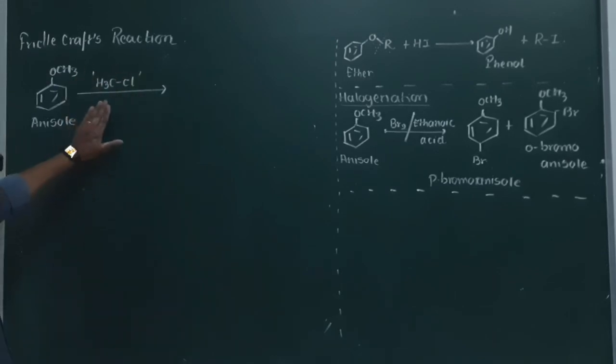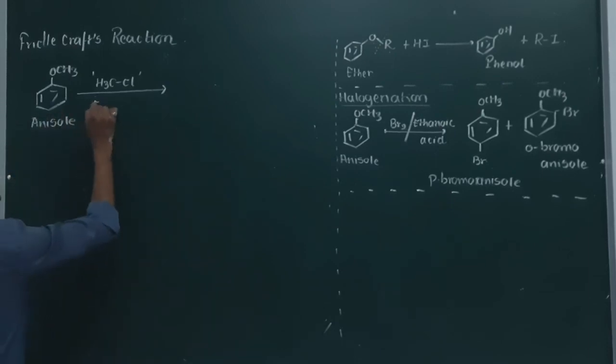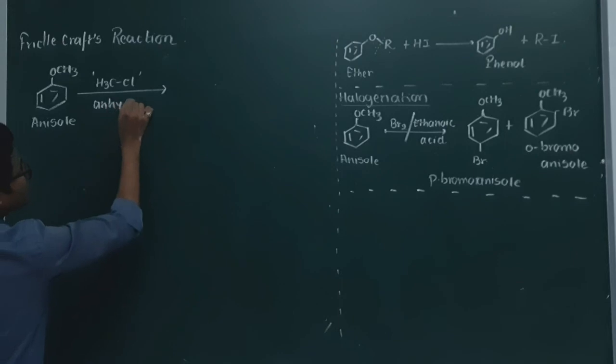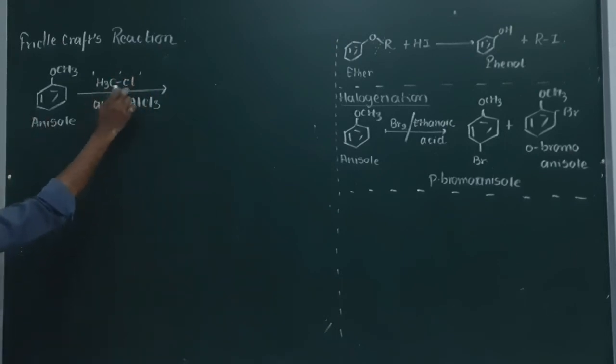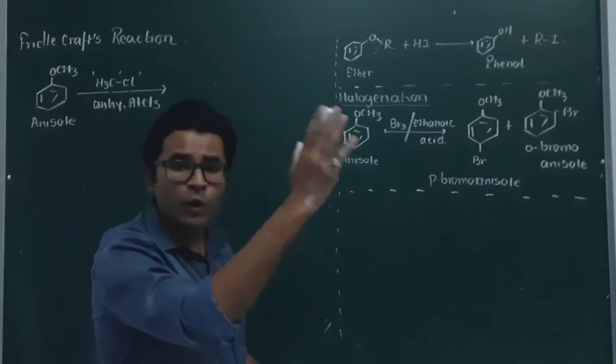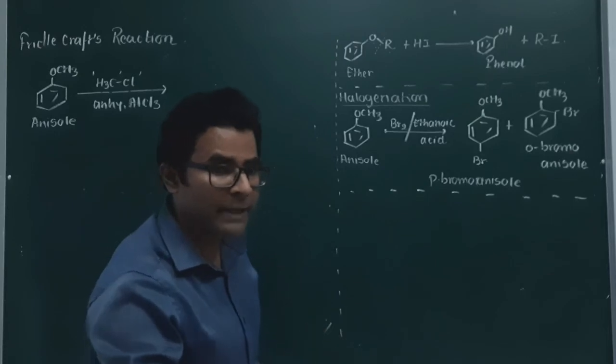That means this particular process is a process of alkylation, in the presence of anhydrous AlCl3. Now this particular methyl group is going to attach at two positions. Of course, one position is going to be the ortho and the other position is going to be the para.